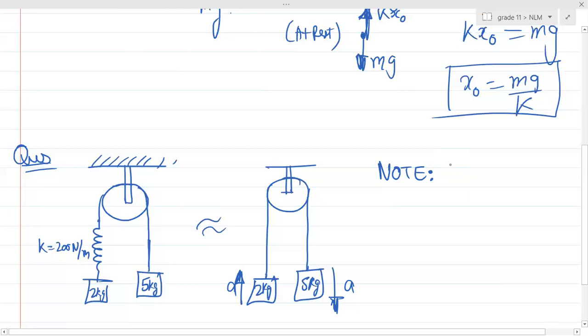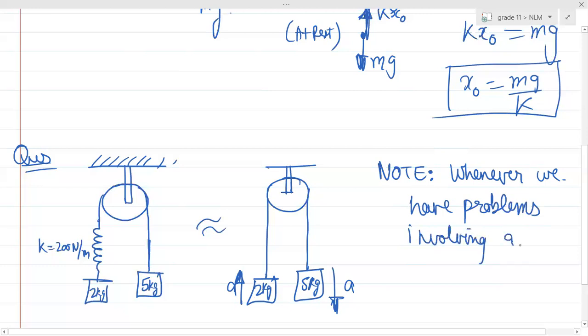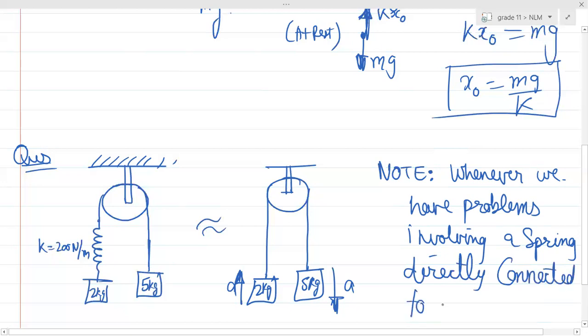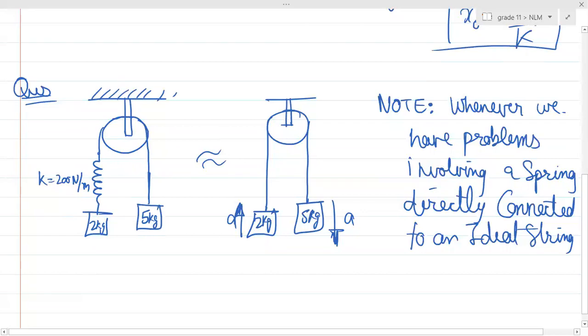Note: whenever we have problems involving a spring directly connected to an ideal string, so can you see in this case there is a string which is directly connected to this ideal spring, right? Yes or no, guys?